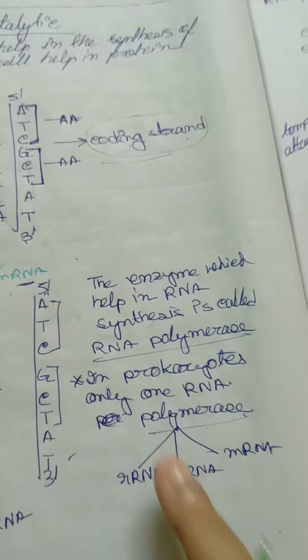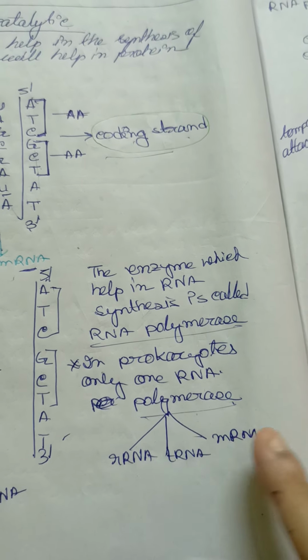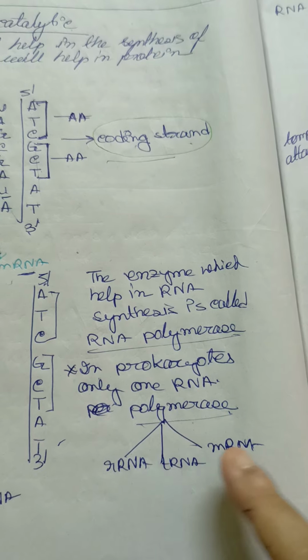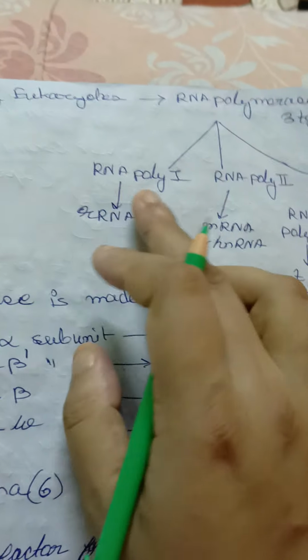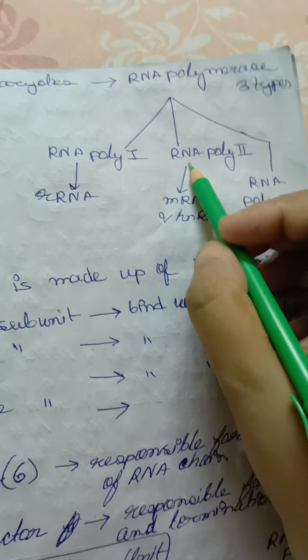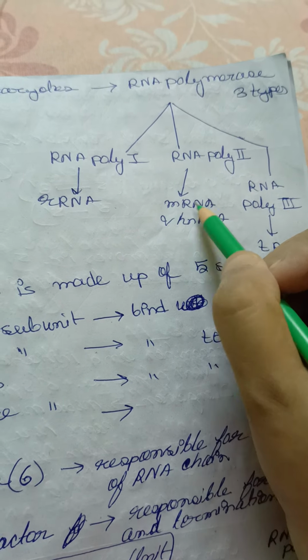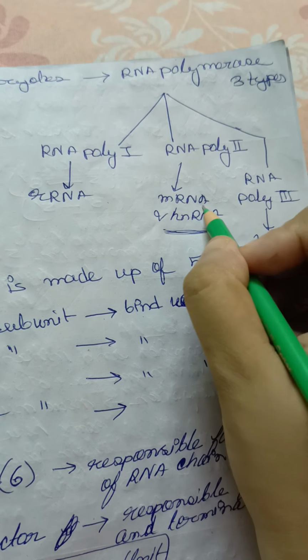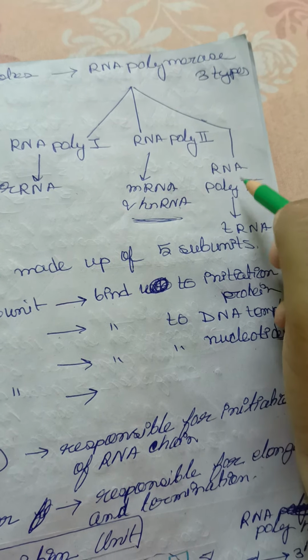In prokaryotes this only one RNA polymerase is responsible for synthesis of rRNA, tRNA and mRNA. But in eukaryotes, RNA polymerase 1 is responsible for synthesis of rRNA, RNA polymerase 2 is responsible for synthesis of mRNA and hnRNA. We know from hnRNA mRNA forms, and RNA polymerase 3 is responsible for synthesis of tRNA.